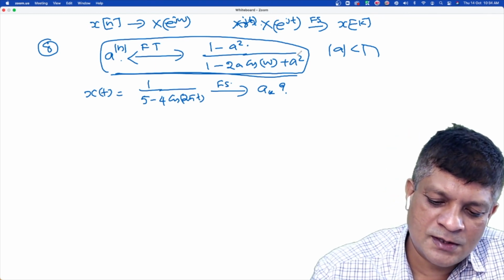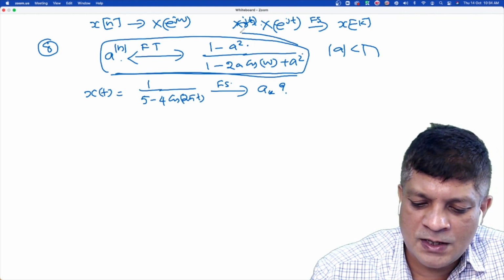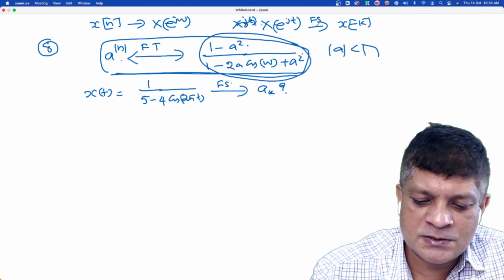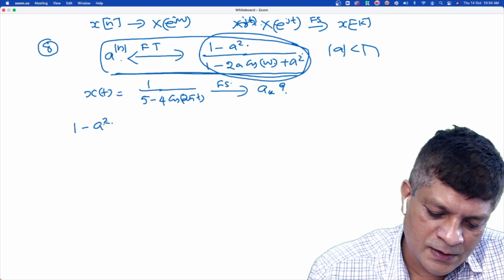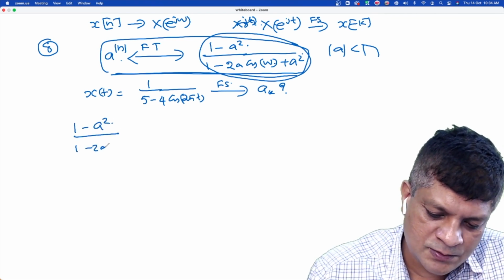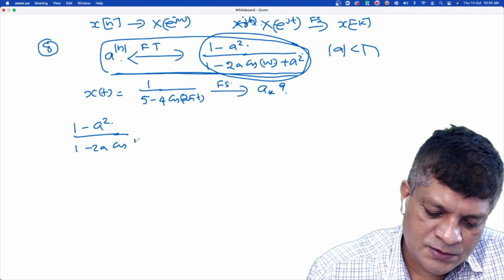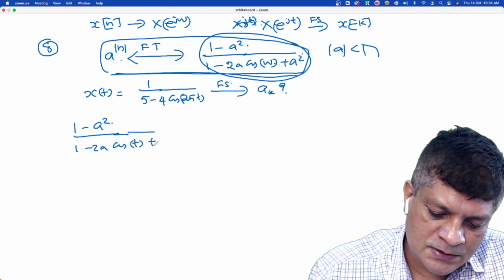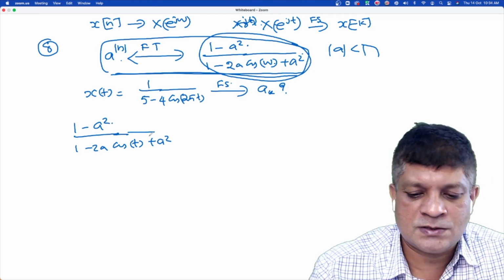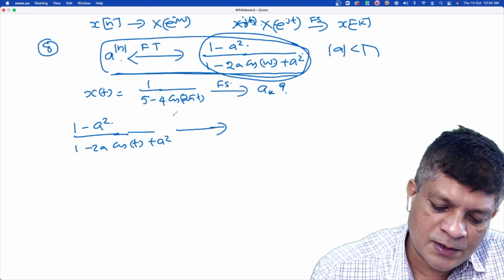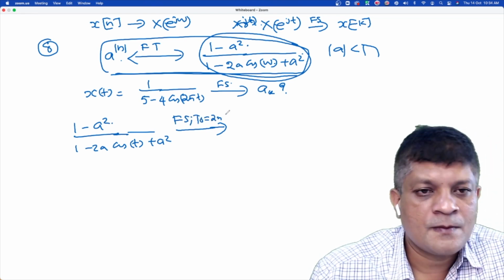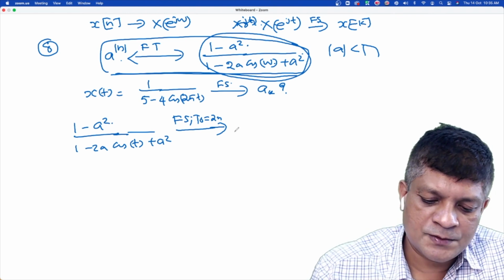If we consider a signal having this shape in the time domain, that means replace omega with t, so a signal (1 minus a square) by (1 minus 2a cos t plus a square). This is a signal having this shape in the time domain. Then what about its Fourier series coefficients?